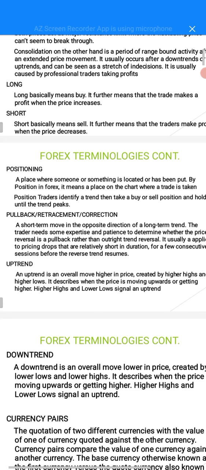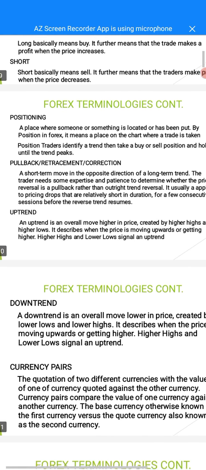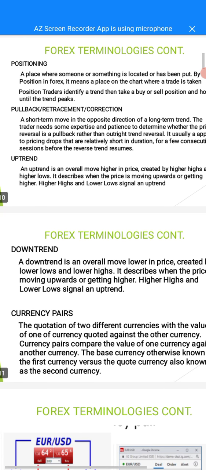We also have the term position, which is a place where you either open a buy or a sell.